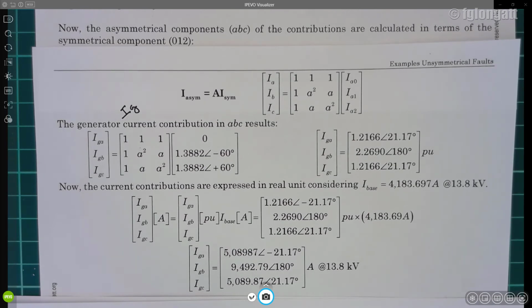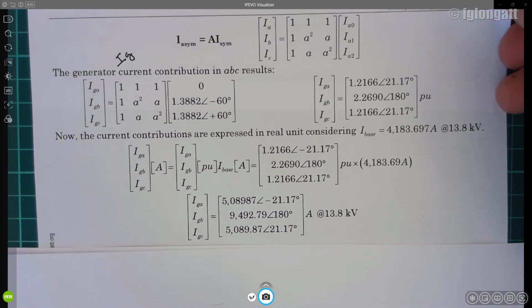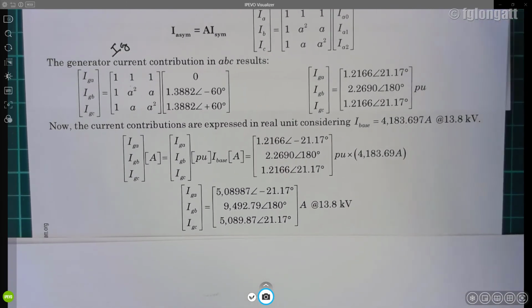When we multiply the per unit values, we obtain here the amps that represent the contribution coming from the generator. Okay.